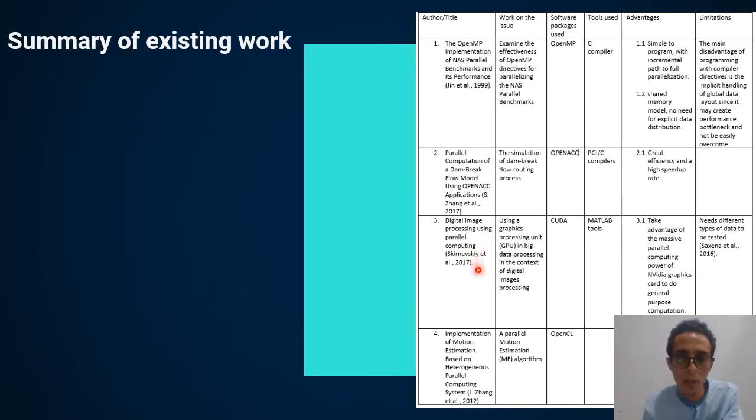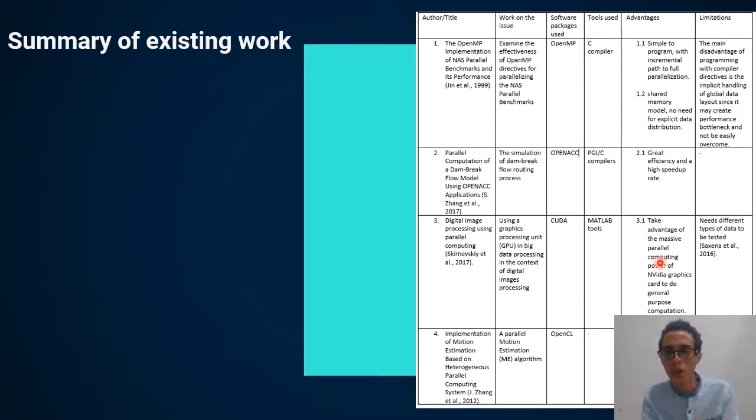The third research paper was on the topic, digital image processing using parallel computing. The paper was published in 2017. They worked on the issue of using a graphics processing unit, the GPU, for big data processing in the context of digital image processing. The software package or framework that they used is CUDA, and the tool they used is the MATLAB toolkit.